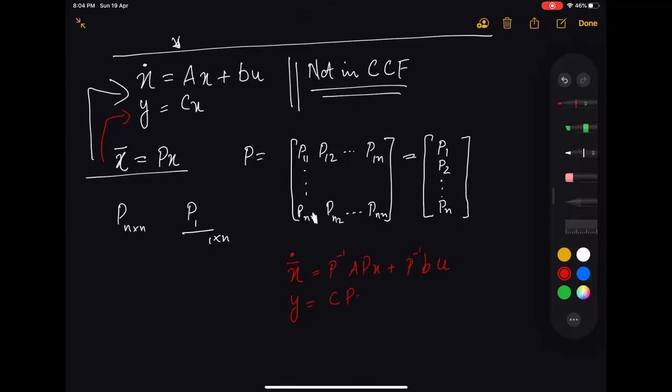P inverse x bar. This system is in controllable canonical form.